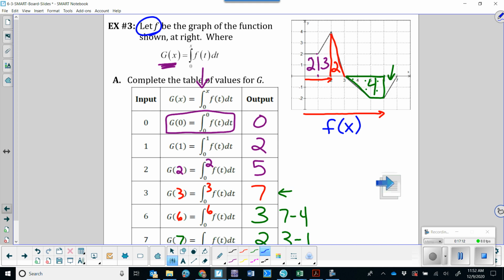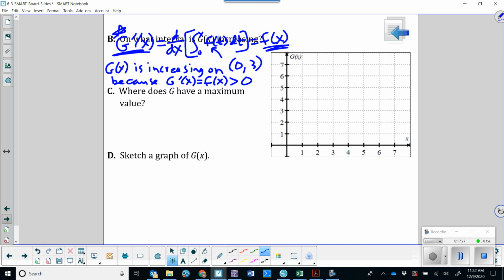Now, they ask me for the maximum, not just where does it have one, but I can actually answer the maximum because I found the value at 3. I found g of 3, it's 7. So that means g of x has, and actually this would be a relative max. I don't like this question.